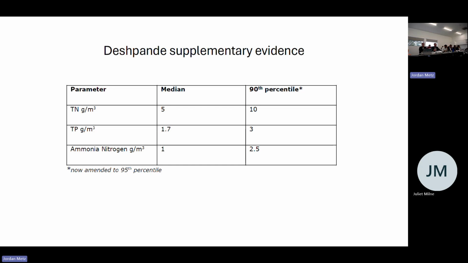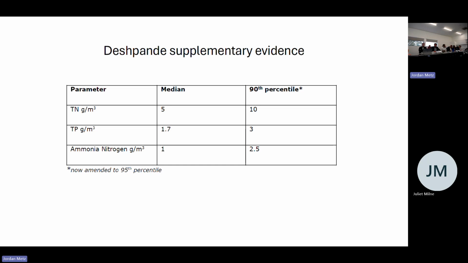It was how often is that worst case occurring. At this time, I was focused on that very worst case situation. But you're right, I can see why. Yeah, no, that's fine. That's good.